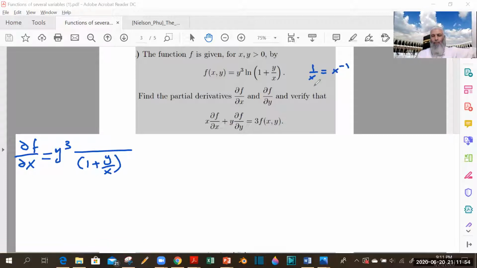So it is negative 1 times x to the power negative 2. We take the negative 1 and subtract 1 from the exponent, giving negative 2. Right? Yes, right.